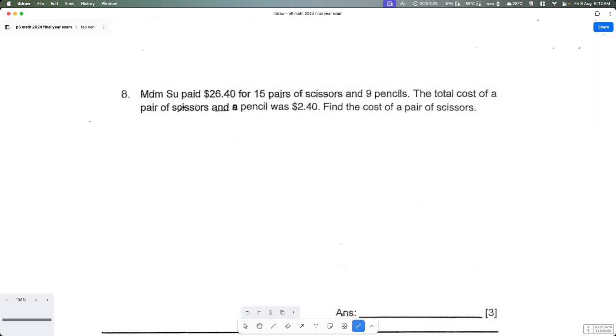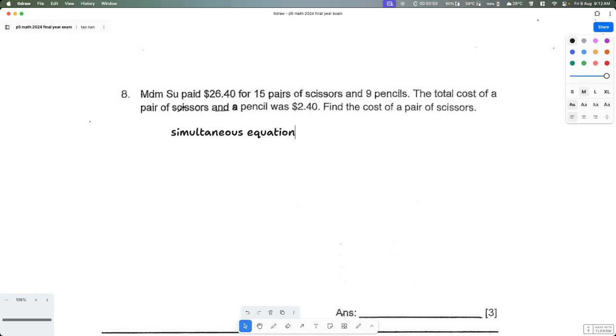Okay, so Madam Sue paid $26.40 for 15 pairs of scissors and 9 pencils. The total cost of a pair of scissors and a pencil was $2.40. Find the cost of a pair of scissors. Okay, so we're going to use simultaneous equations. Let S be scissors, right?